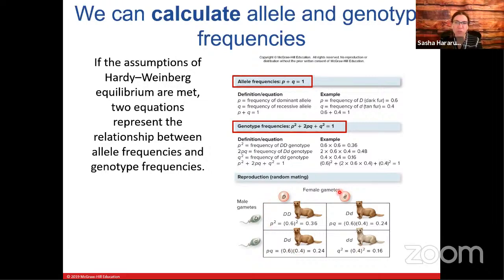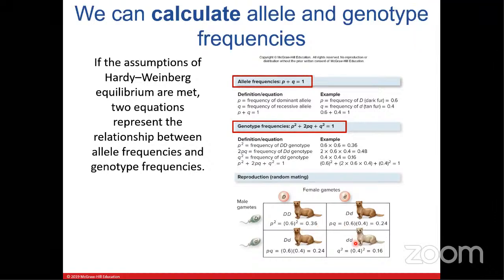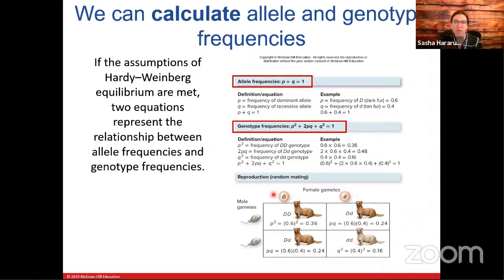So in order to do that with a Punnett square, we're just crossing theoretical heterozygous individuals in order to calculate the actual percentages of occurrences of the genotype. These individuals are theoretical; what's important here is the actual occurrences of the alleles, and what we get as a result is the occurrence of the genotype.